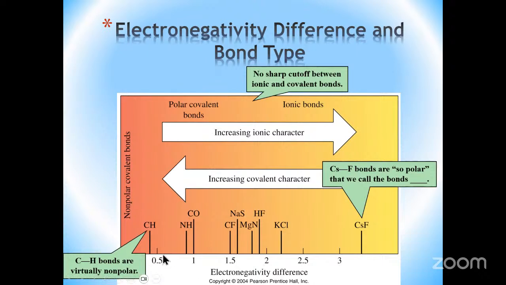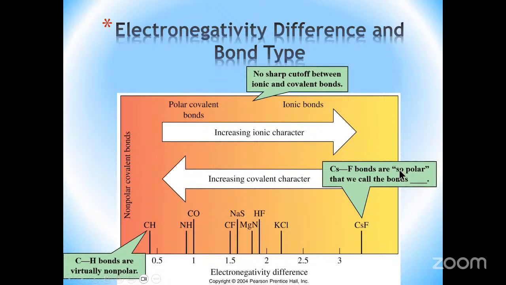If you have carbon to hydrogen, even though they're two different atoms with two different electronegativity values, the difference is so small that in most cases the carbon to hydrogen bond is considered to be nonpolar. When you get above 0.4, like N-H or C-O, those bonds are considered to be polar. And when you get higher, up here, the bond is considered to be ionic.